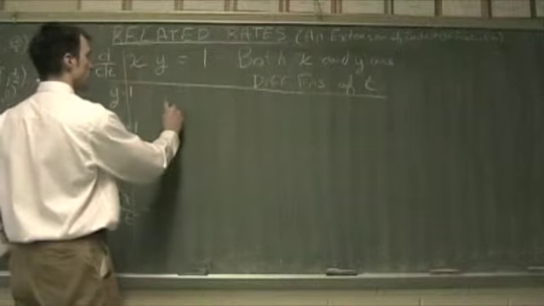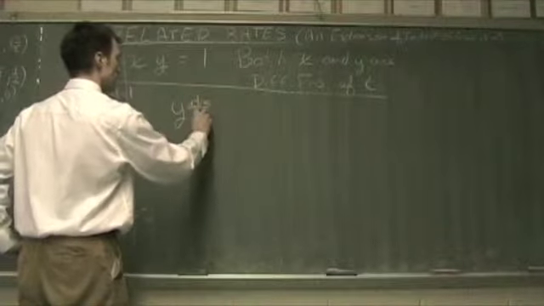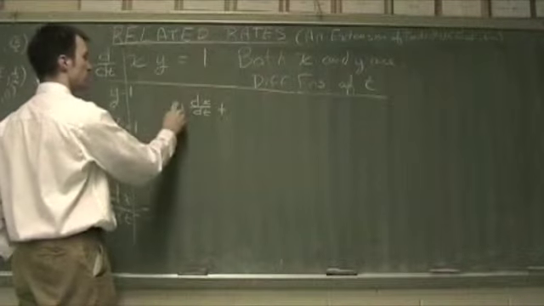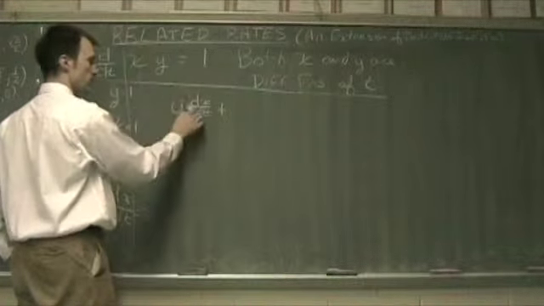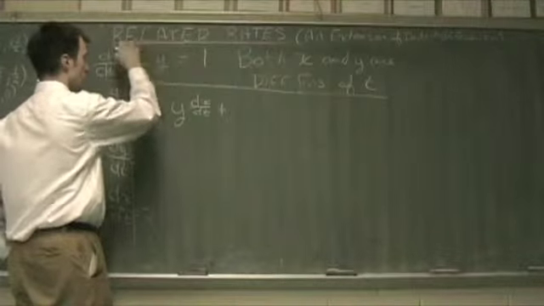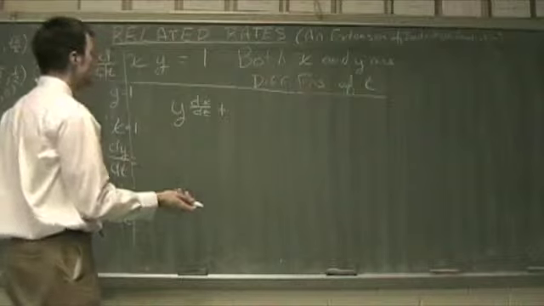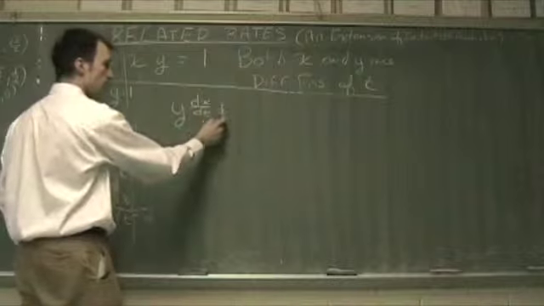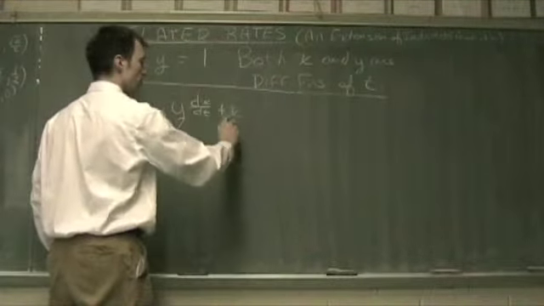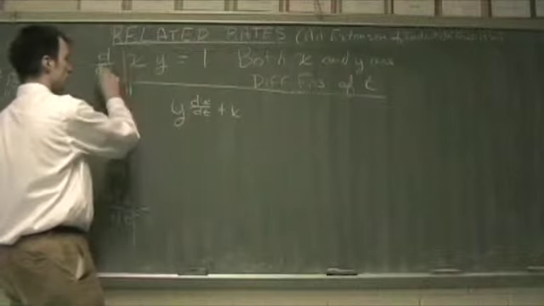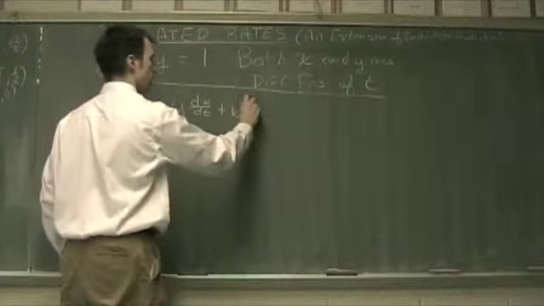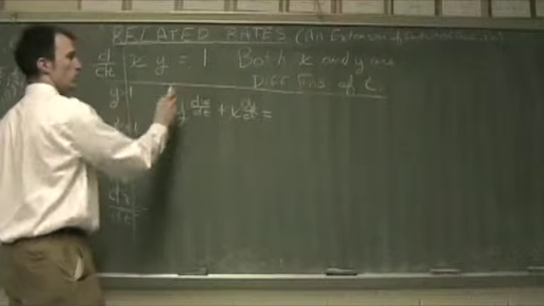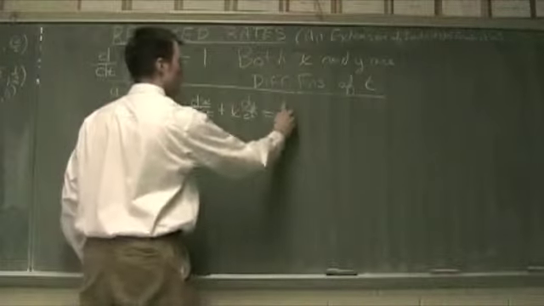So what we're going to have is y times dx/dt plus, okay, that was the derivative of the first times the second, the derivative of x is just 1, times dx/dt, times our second function, plus x, our first function, times the derivative of our second function with respect to t, x dy/dt, and again, that's going to be equal to the derivative with respect to t of 1, which is 0.